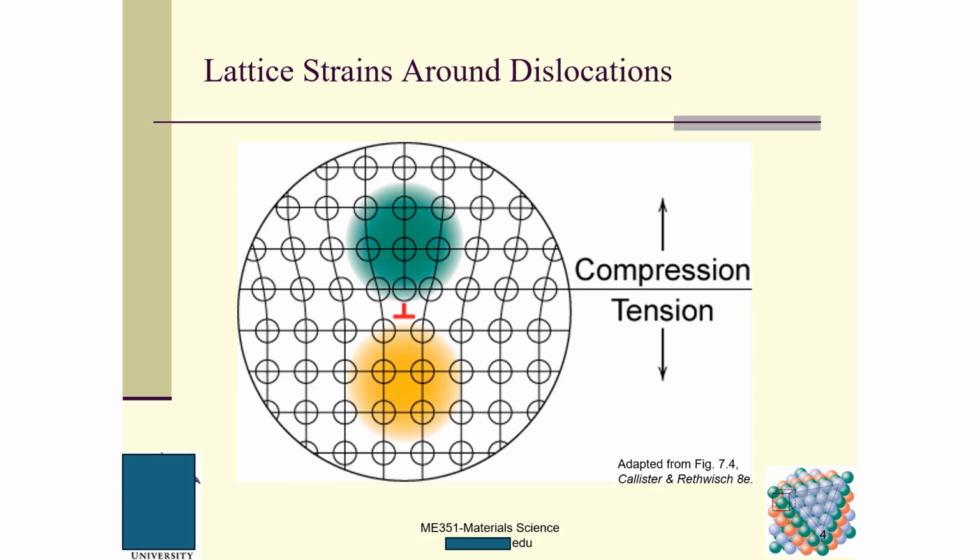If we have a half plane here, these atoms will be repelling the neighboring atoms, so they will generate compression in this area. However, because of this gap, here we will have tension. This area will experience tension.